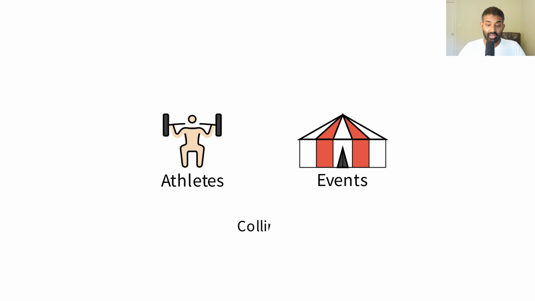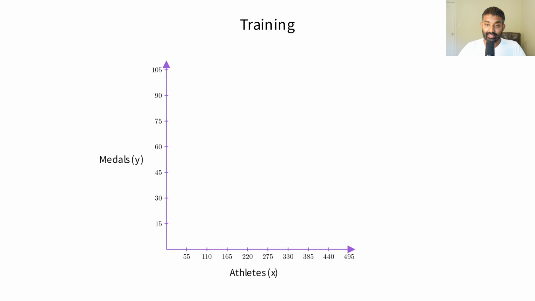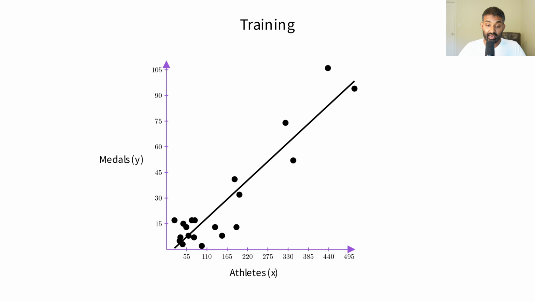And this is happening because athletes and events are so highly correlated and collinear. And linear regression can't deal well with collinear variables. What happens here is your linear regression line will look great when you're training. So on your training data, it'll look really, really good.